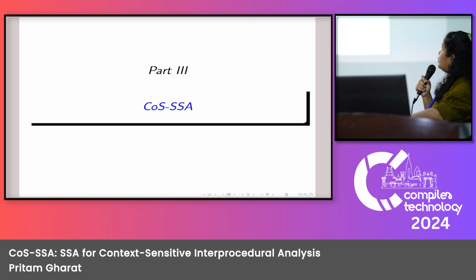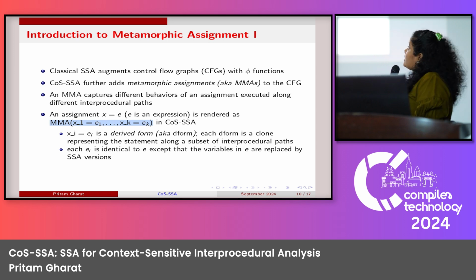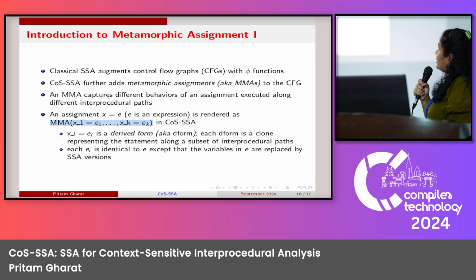So before moving on to CoS-SSA, we'll introduce something called metamorphic assignment. We have seen phi functions in SSA, right? So something similar to phi functions, we have metamorphic assignments. So let's say you have an assignment x = e. We represent that in the form of a metamorphic assignment, which is a collection of these assignments. And each of these assignments basically captures the behavior of an assignment executed along different interprocedural paths.